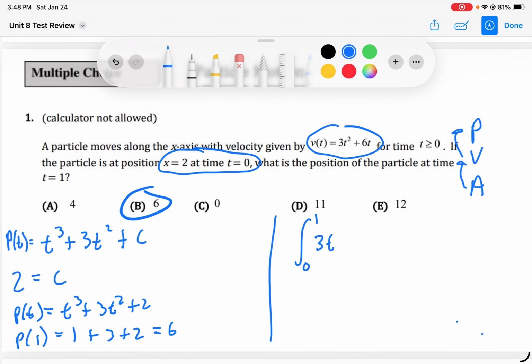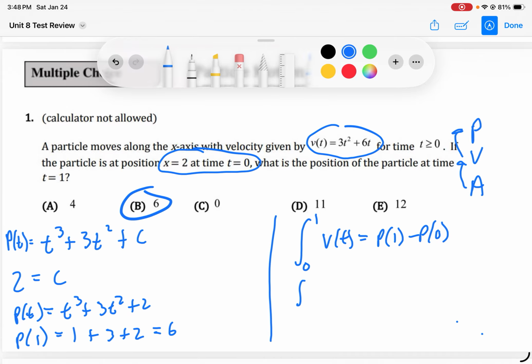It would be the integral of 3t squared plus 6t dt. I was going to write this in more general terms. So this would be equal to position at time 1 minus position at time 0, because position is the antiderivative of velocity. So there's that fundamental theorem of calculus.